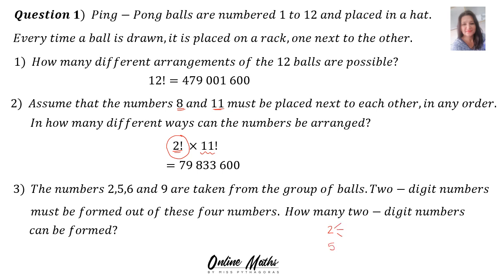There's the 5. The second digit can be 2, 6, 9. There's your 6. The second digit 2, 5, 9. There's the 9 and then the second digit 2, 5 or 6. So do you agree there's in fact 12 possibilities? And then therefore your answer 4 times 3 is equal to 12.